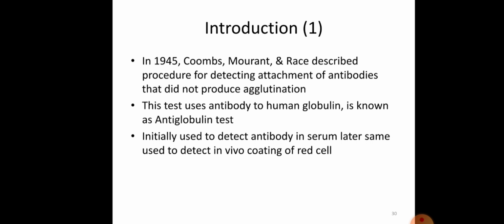In this, mostly a rabbit or any other animal, mostly a rabbit, is injected with human globulin, and from there what they obtain is called antiglobulin, or anti-human globulin. Initially it was used to detect the antibody in the serum, but later the same is used to detect the in vivo coating of the RBC. That means first there was the ICT, indirect Coombs, but now even the direct Coombs test is being done.